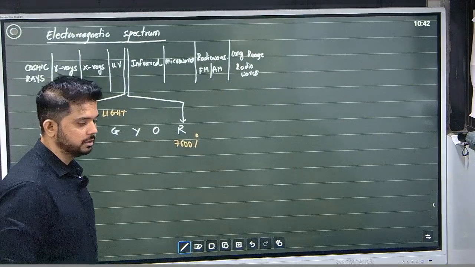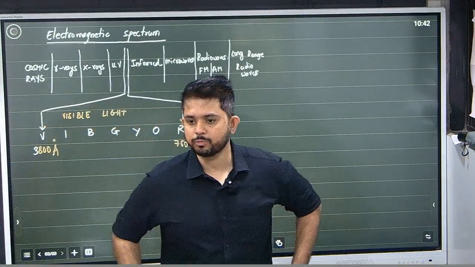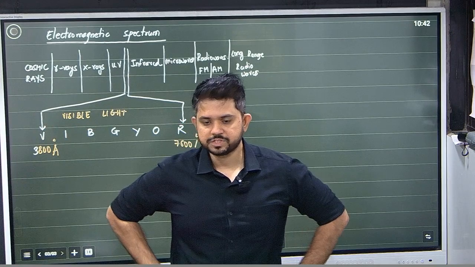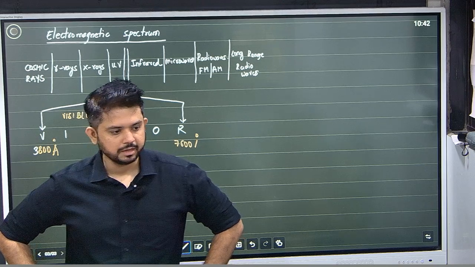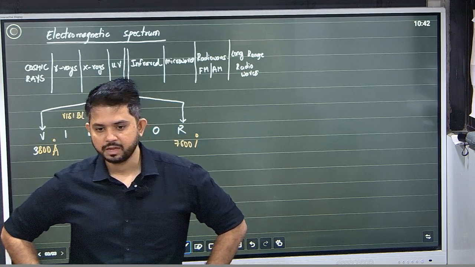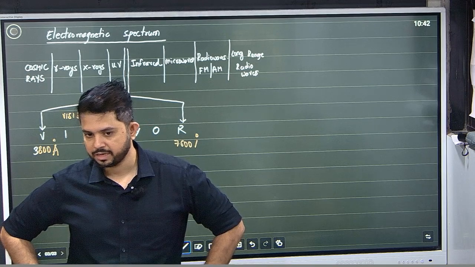So what you have on board is the electromagnetic spectrum, which starts from cosmic rays, then gamma, then X-rays, then UV.